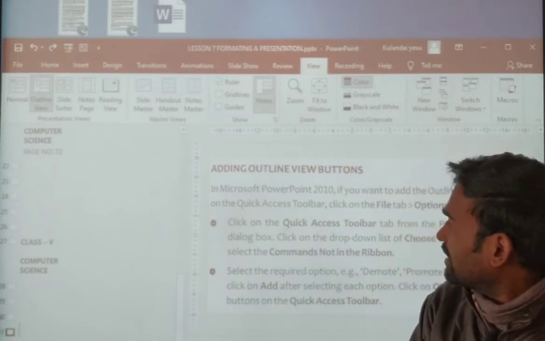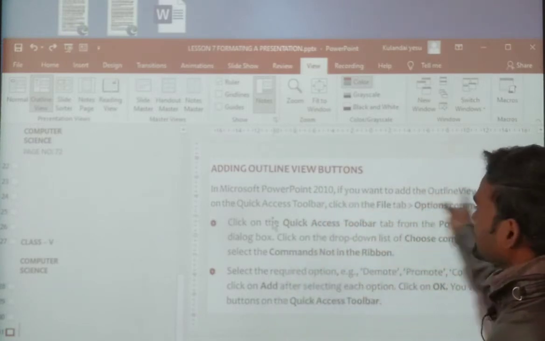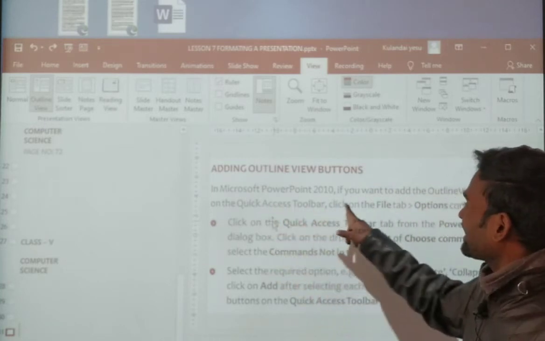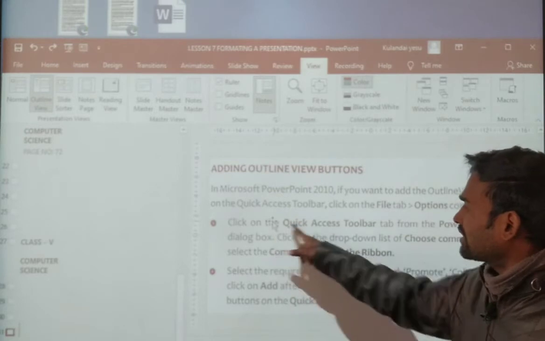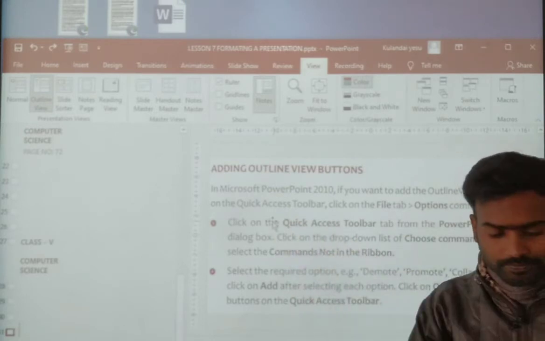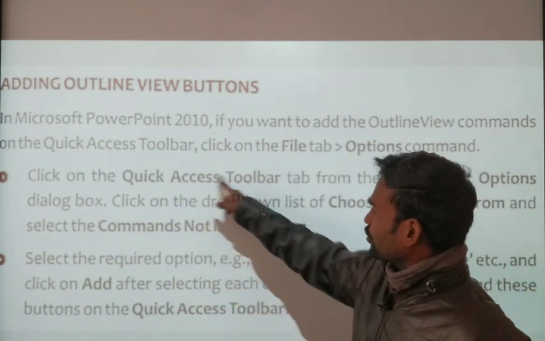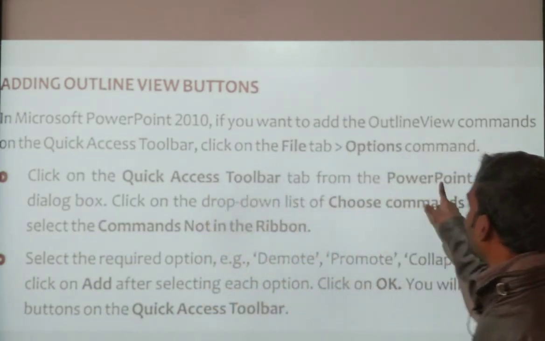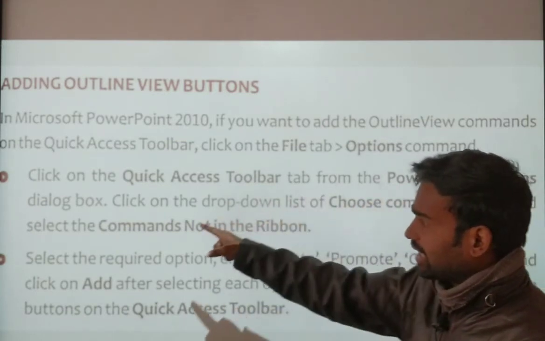See here, if you want to add outline view commands on the quick access toolbar, click on the file tab, options, and then quick access toolbar. Click on the quick access toolbar tab from the PowerPoint options dialog box.